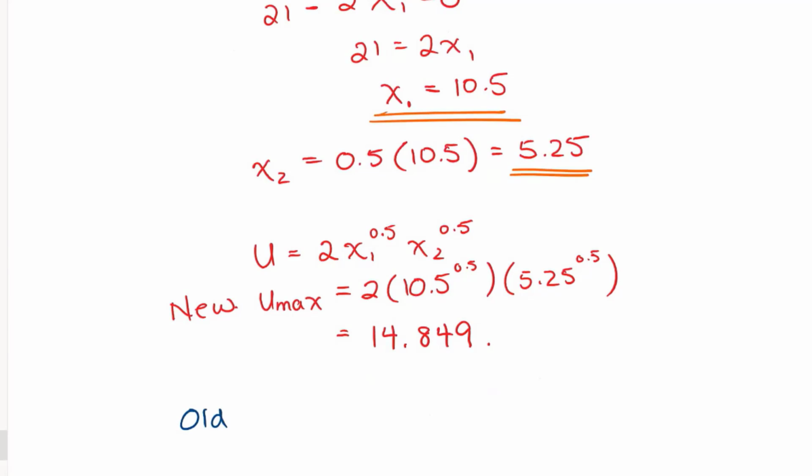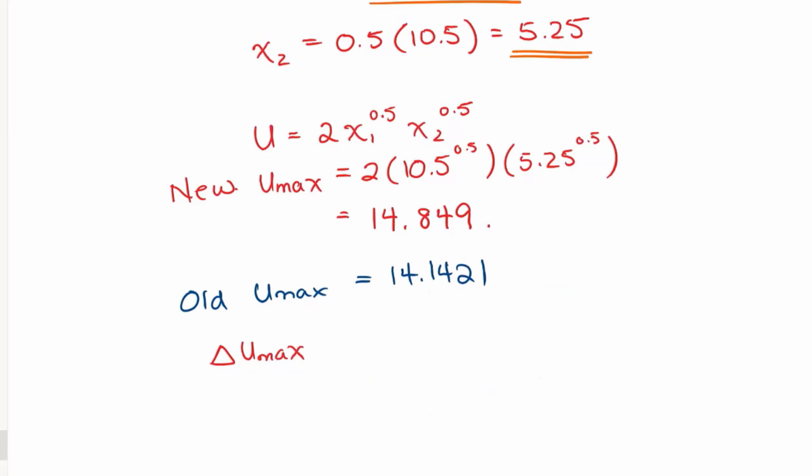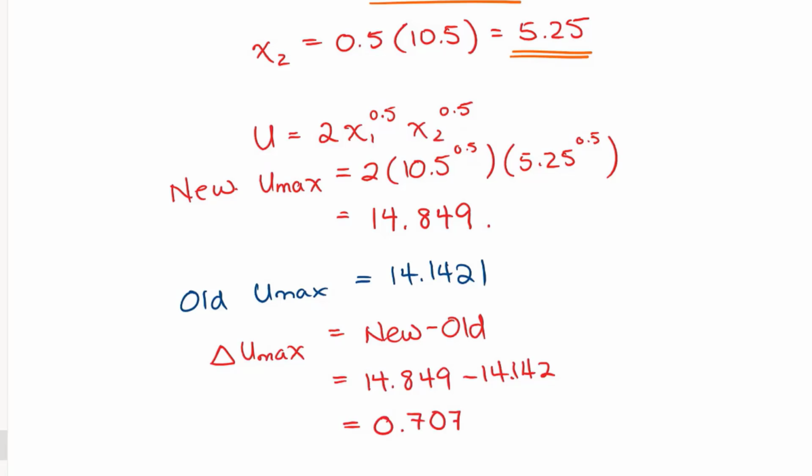Our old Umax was equal to 14.1421. The change in Umax is going to be our new minus our old. It's going to be 14.849 minus 14.142. Our change is going to be 0.707.